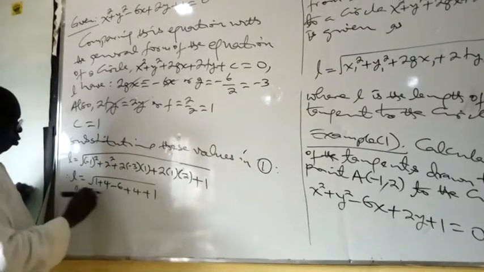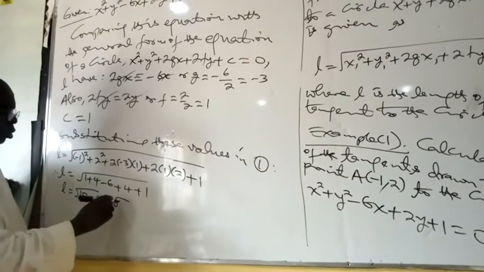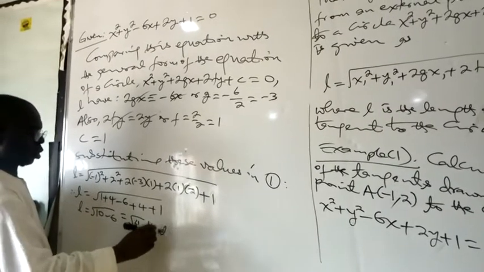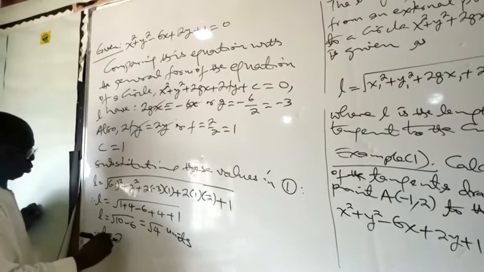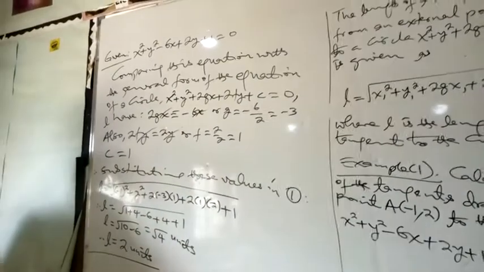L is equal to the root of 10 minus 6, which is root 4 units, which is equal to 2 units. Therefore, L is equal to 2 units. That is the length of the tangent.